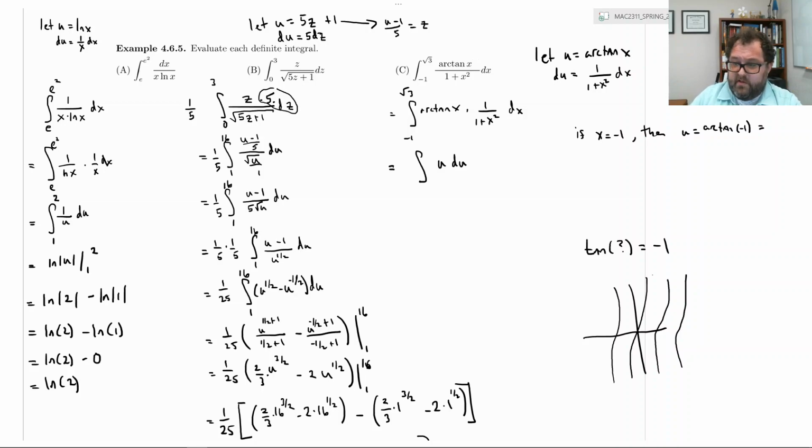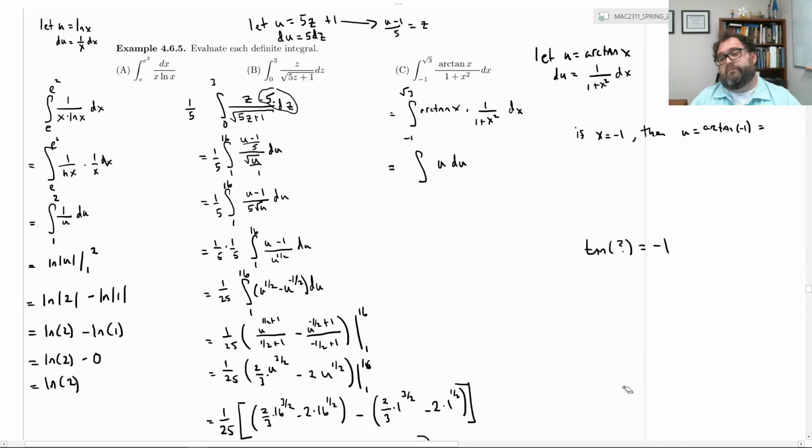However, if we restrict our domain and only talk about one little slice, between pi over 2 and negative pi over 2, well, now the function is 1 to 1.